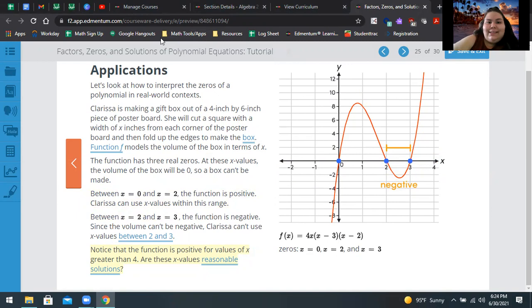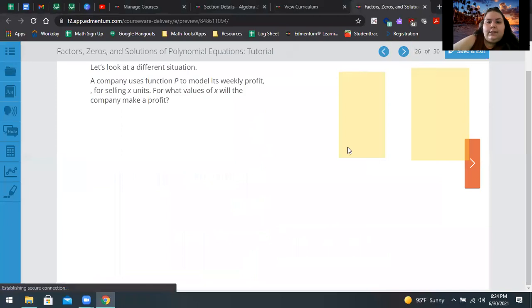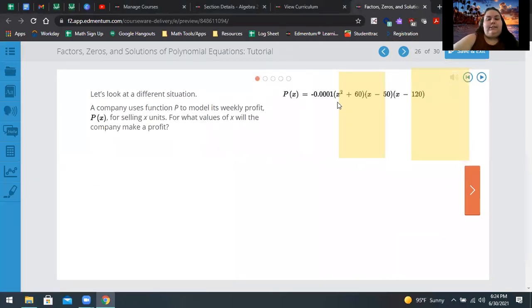So does it make sense for my width of the board to be 1 inch and I have a volume of 8? That works, right? But once I get up to 2, I have an error here because it's in the negative. So then anything greater than 3 would give me a greater volume. So those are the contexts that we're going to consider.